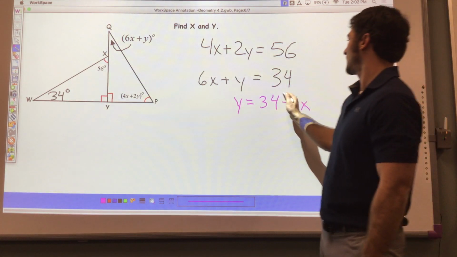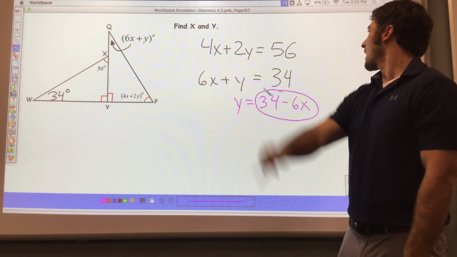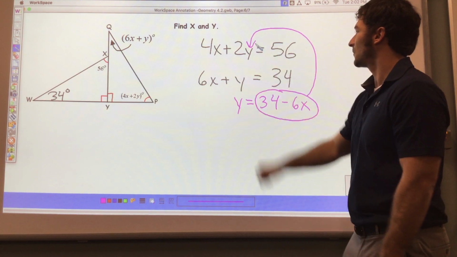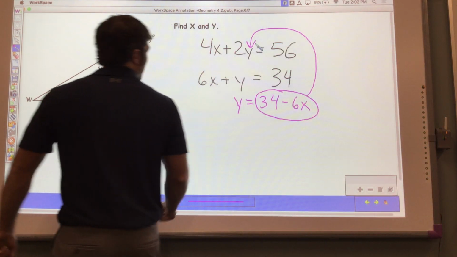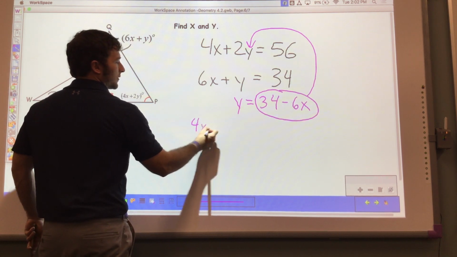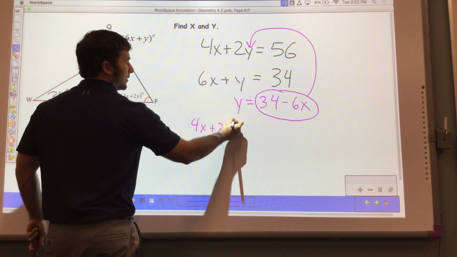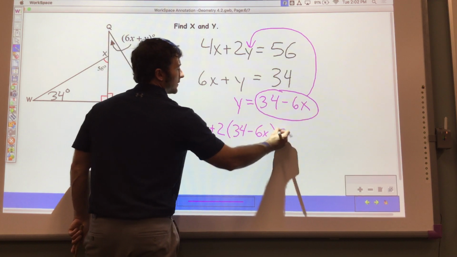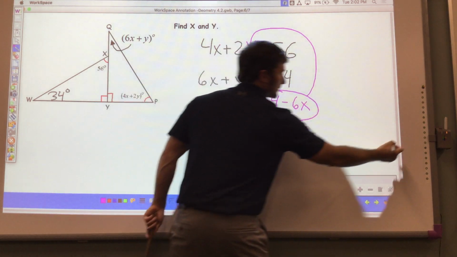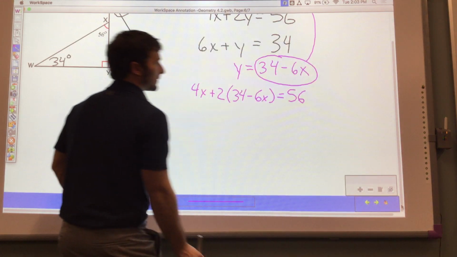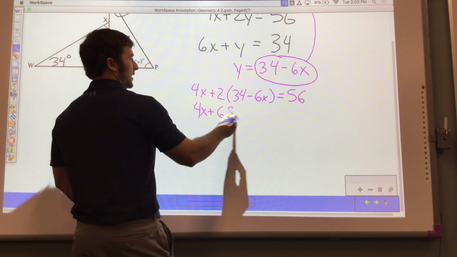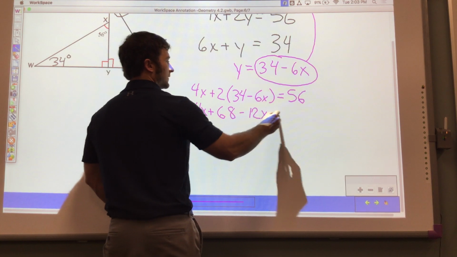Then I can take this here and plug it in for y, because this equals y. So then I would have 4x plus 2, parentheses 34 minus 6x equals 56. So 4x plus 68 minus 12x equals 56.